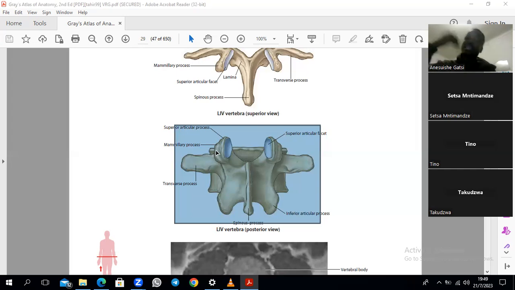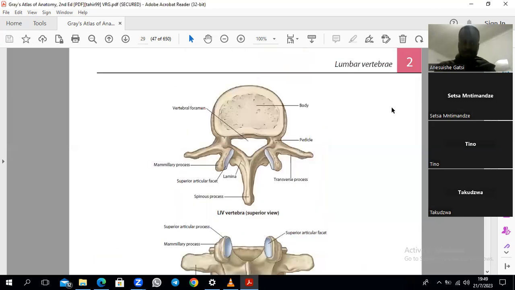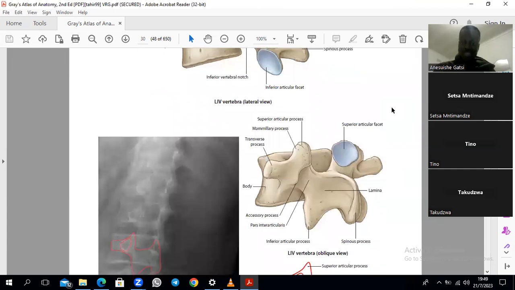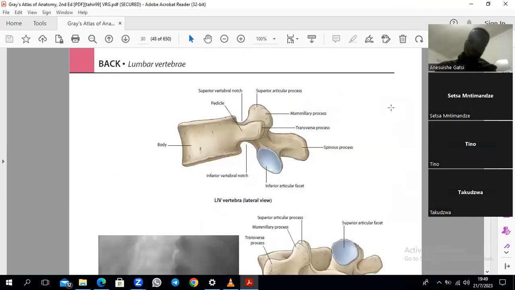Then there are the atypical lumbar vertebrae. For the atypical, we have L5. So what do you do to remember the atypical? You just remember what's different about it compared to the other ones, right? We may not find an L5 vertebra here, but for L5, remember I said the transverse process for these other ones is going to be longer.